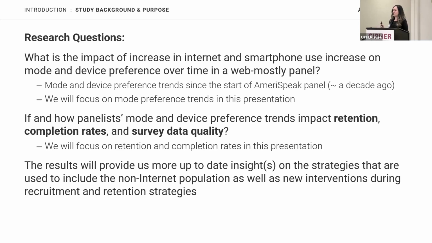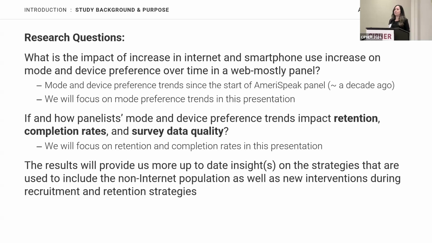Again, I'll specifically focus on mode preference trends, but if you are interested in the device preference trends, we are writing a brief on that. And then the second question is if and how panelist mode and device preference trends impact retention, completion rate, and survey data quality, some of the key indicators that we monitor over time.